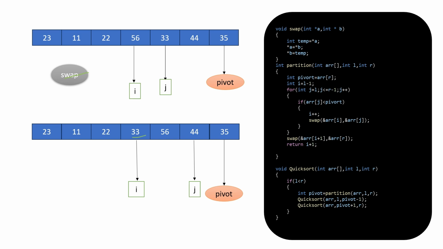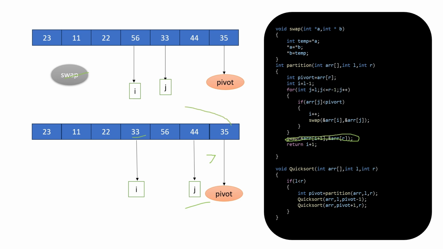Then j will be incremented by 1, and now our j will be here. Comparing both elements, we find that 44 is greater than 35. Then we just stop, and then we swap the array i plus 1 element with the r, our pivot element.